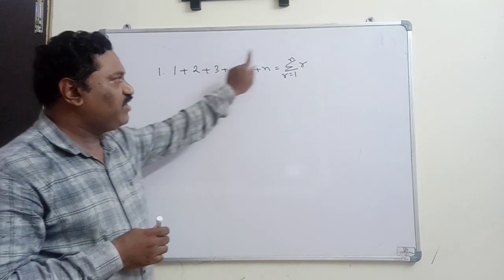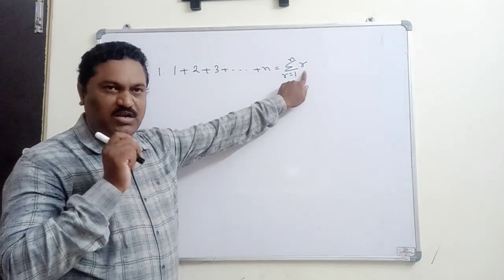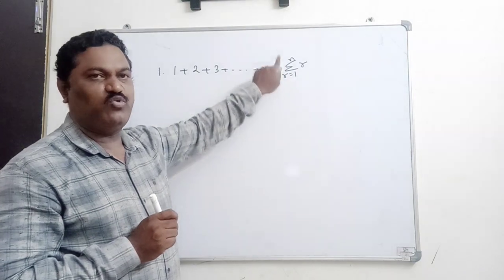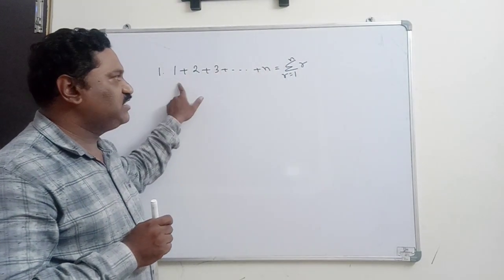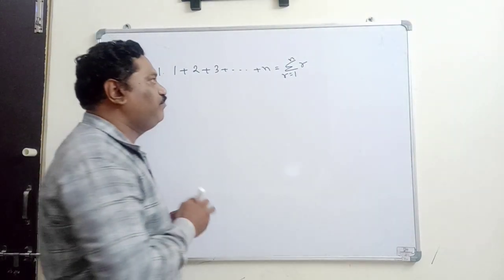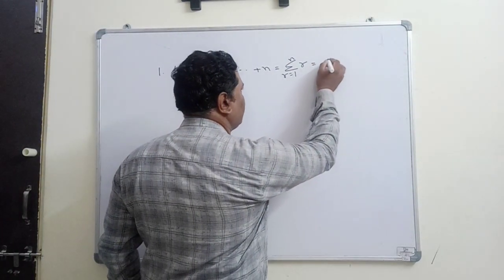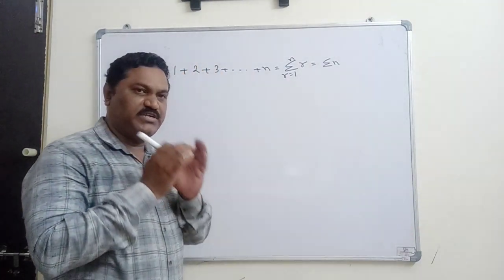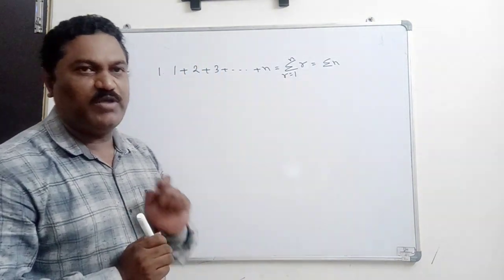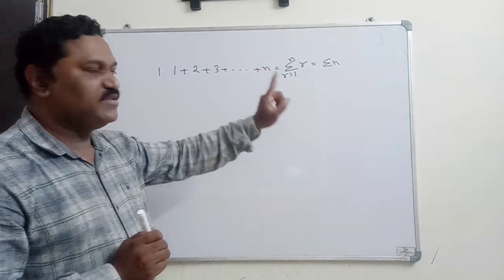That variable we take as r. Or simply you can also write it as sigma n. Inside the sigma, if you write the nth term, that represents the sum of the entire series.